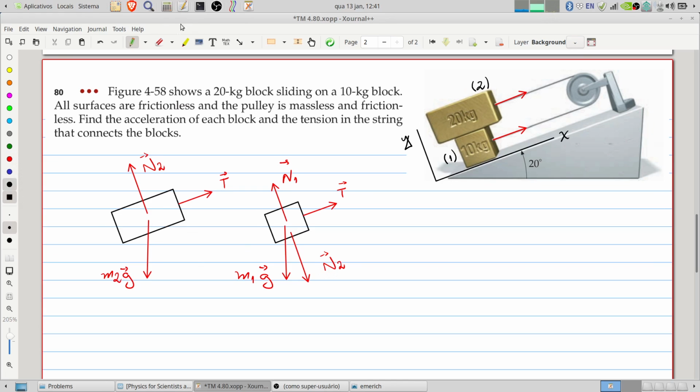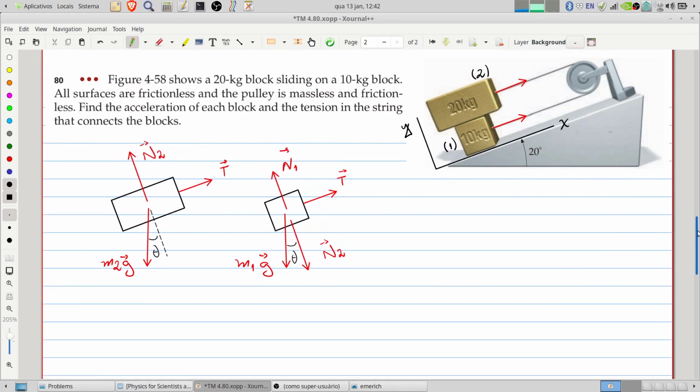It's necessary also to represent the angles. So here we will have the angle of 20 degrees, let's represent it as theta. And here also the same angle.